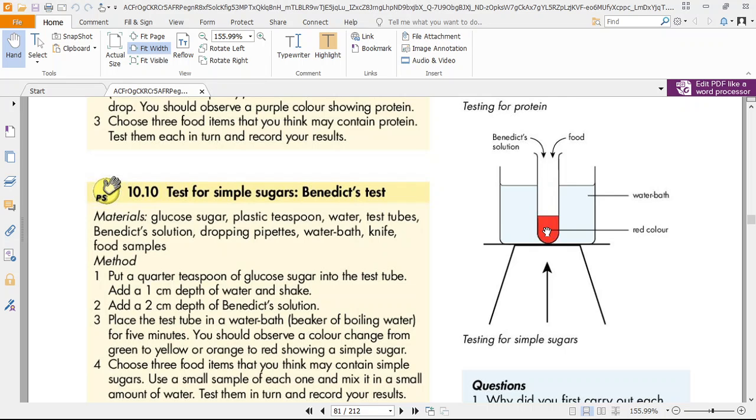And then you take the Benedict solution and you put it on that substance. If the food substance that you're testing has simple sugar in it, then it will turn a brick red color. All right, so we have gone through the protein test and the simple sugar test.